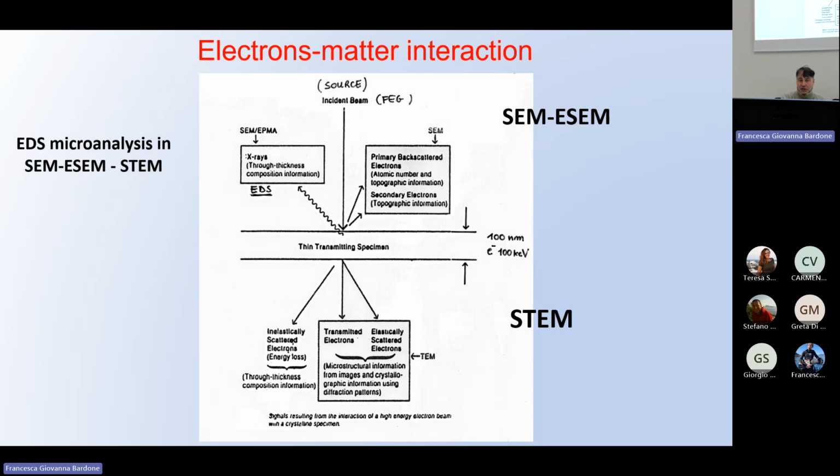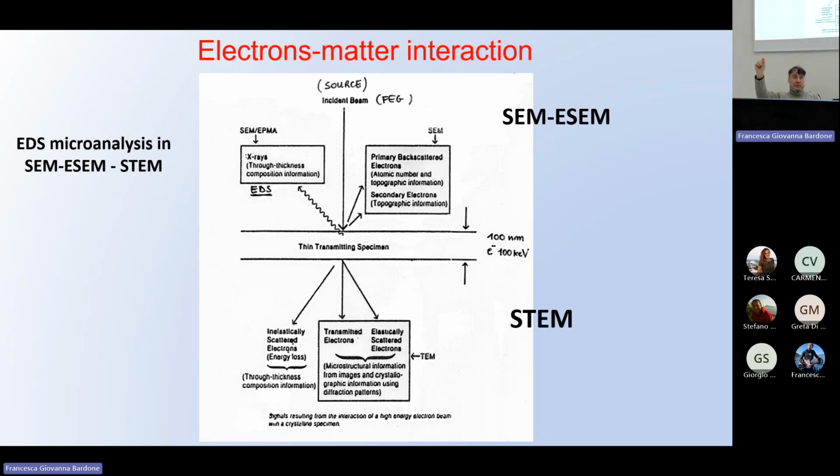The amount of energy it has lost is related to the ionization of the atom that suffered the ionization by this electron. And this type of signal is called energy loss electrons. So it is the loss that the first electron has suffered after the interaction. And this gives you compositional information. It's called through-thickness compositional information.